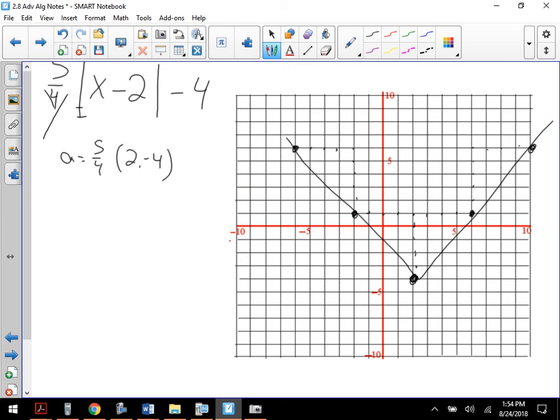Okay, now here's the worst case scenario. I don't think your head's going to spontaneously explode from writing the equation of an absolute value graph.